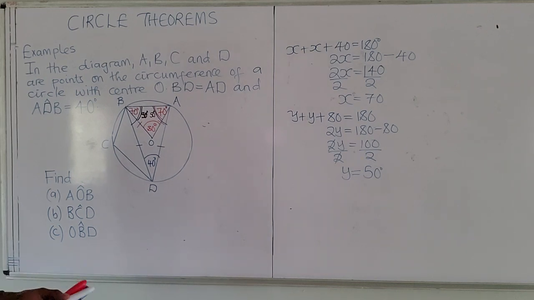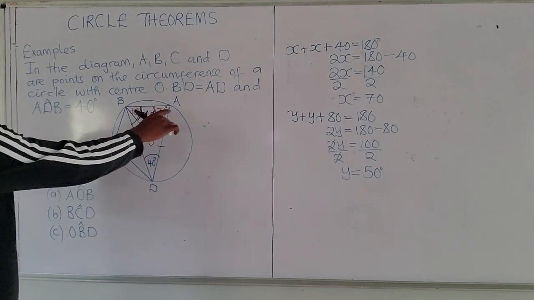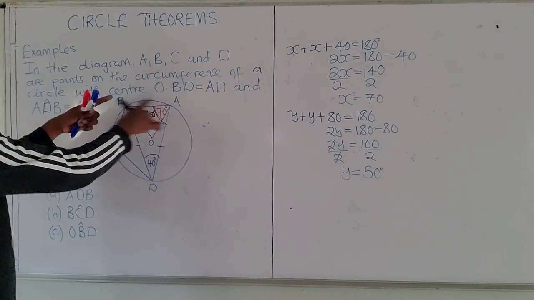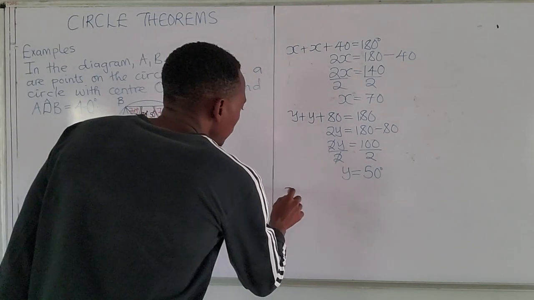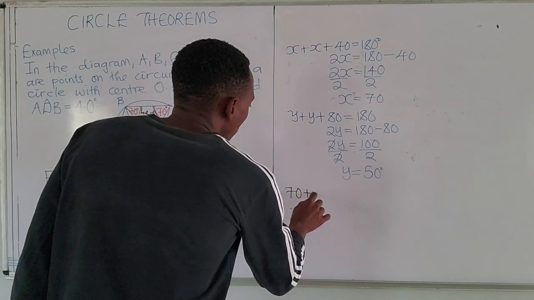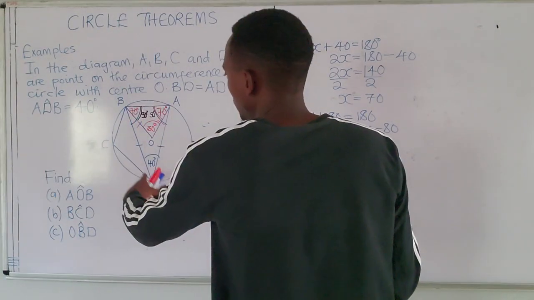So you can see angle BAD, which has to do with the cyclic quadrilateral, is equivalent to 70 degrees. So we are going to add 70 plus BCD.